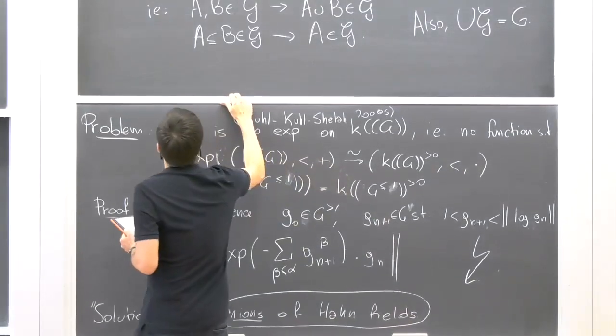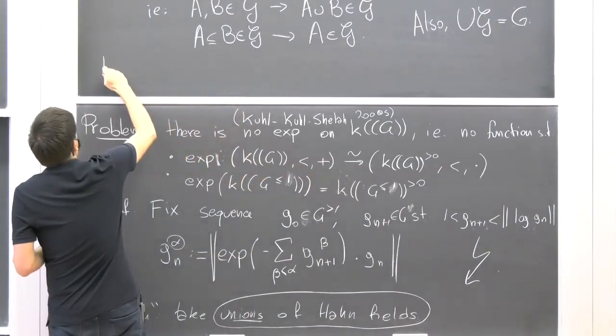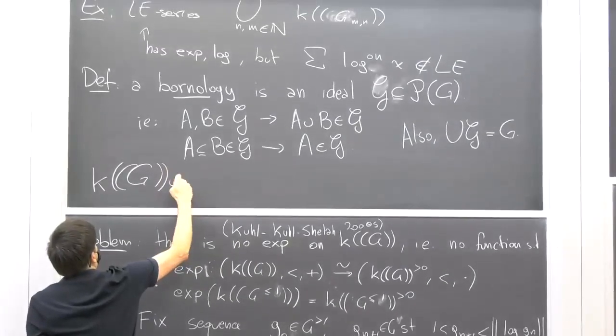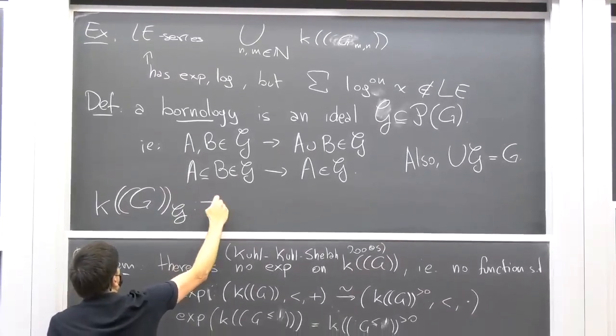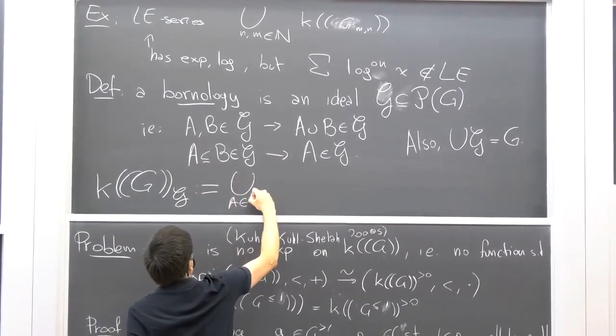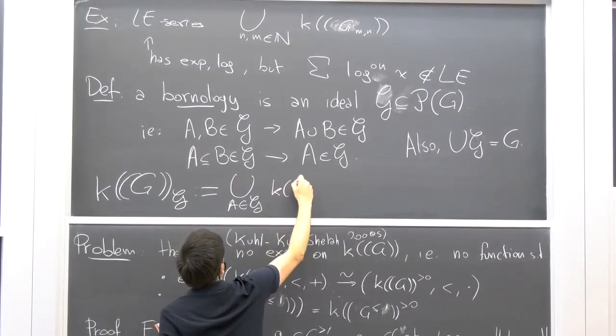So I'm going to write K((G)) with subscript curly G to be the union over A in curly G of K((A)).